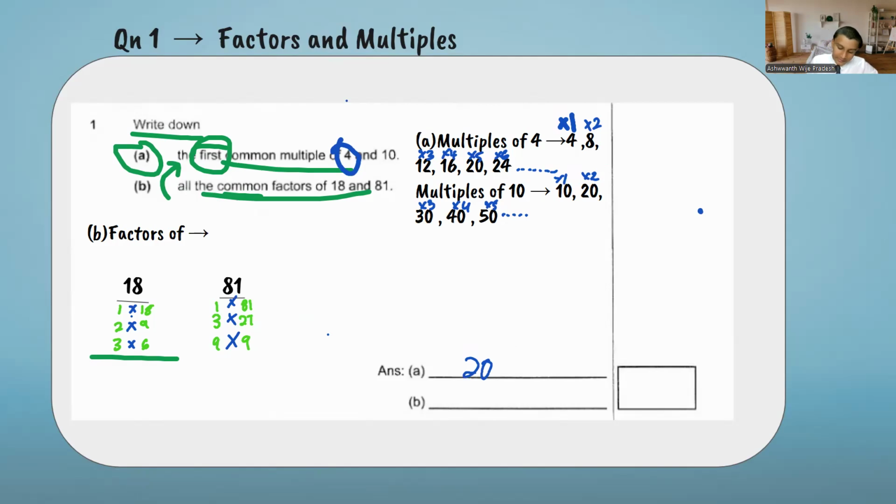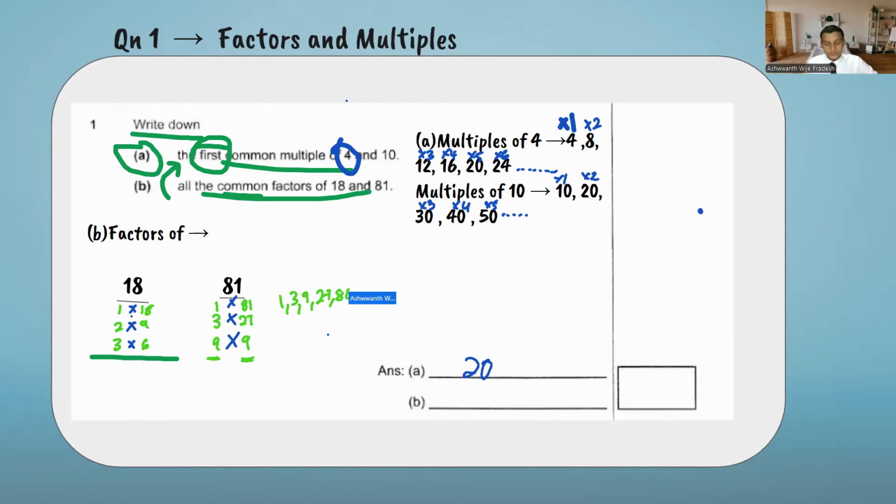Because 9 appears on both sides, you just need to take one 9. So how will you write it? 1, 3, 9, 27, 81.